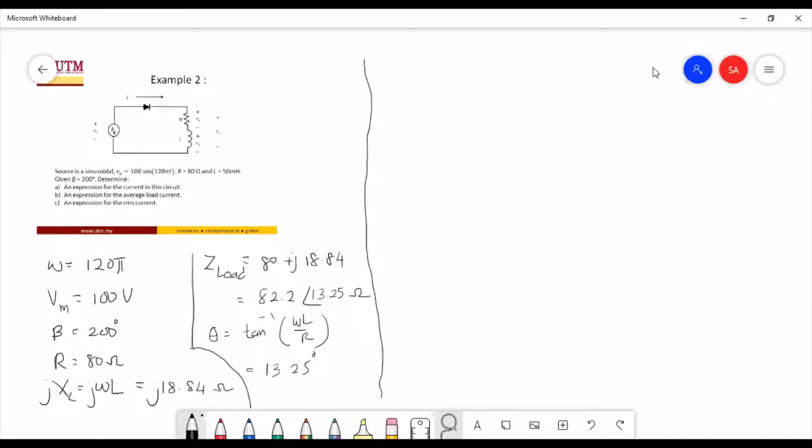I just want to verify the relationship: theta refers to the impedance angle, so once you have the impedance angle, you don't need to calculate this again because it gives you the same answer. Next is the time constant tau, which is L over R.